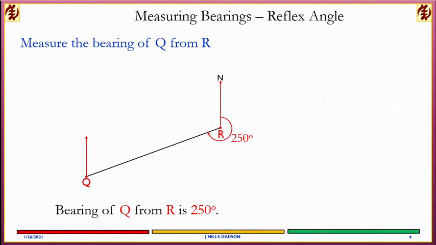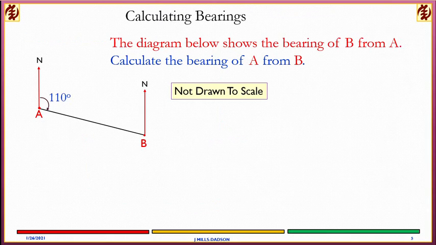Now let's look at how to calculate bearings. When it comes to calculating bearings, you need to be very good at some angle facts. Corresponding angles are equal and they make an F shape, but the real name is corresponding angles. The next one is alternate angles. Alternate angles are also equal.